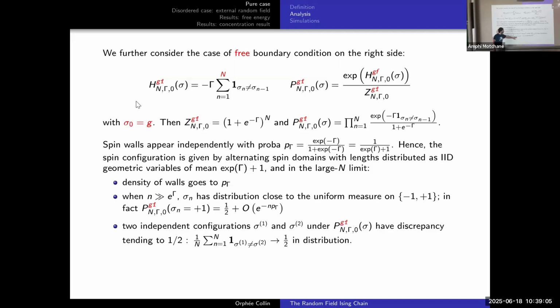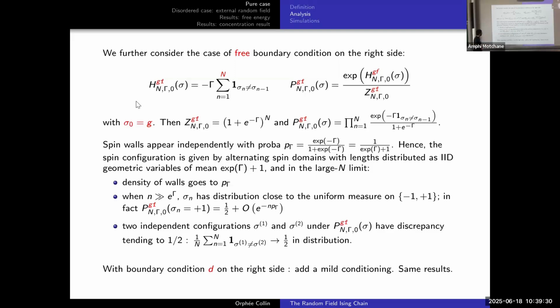The fraction of sites, sorry, there should be an index n here, where sigma 1 and sigma 2 differ converges to one half in distribution. You can have concentration inequalities here and there to quantify the convergences. This is fairly easy.